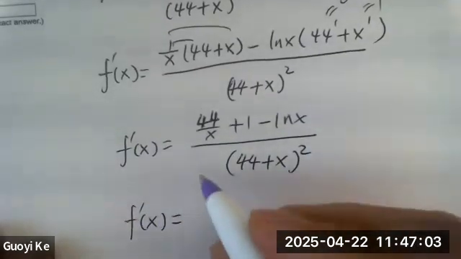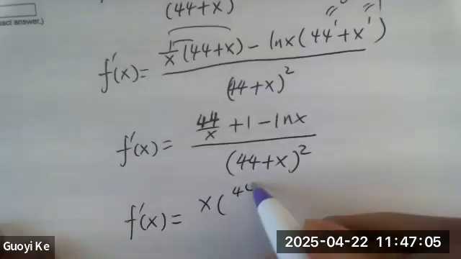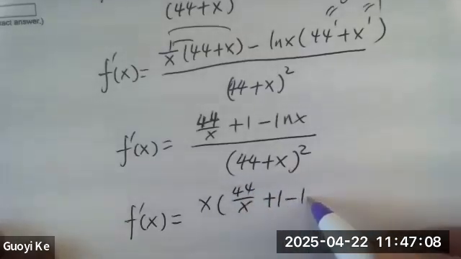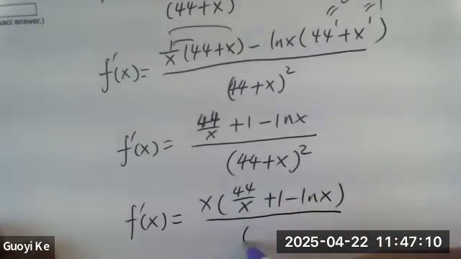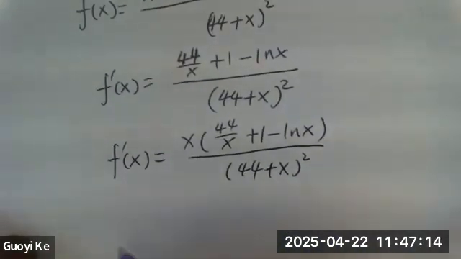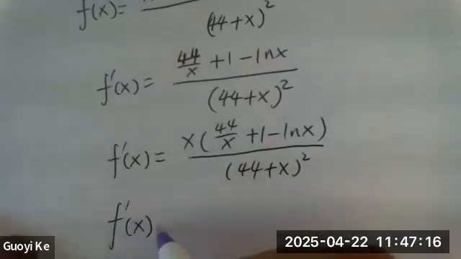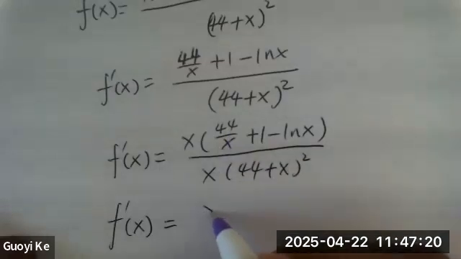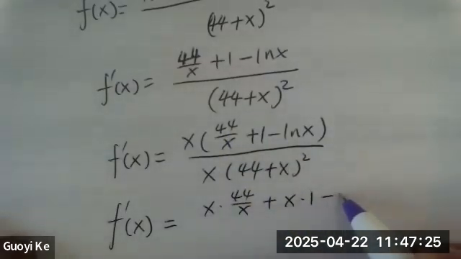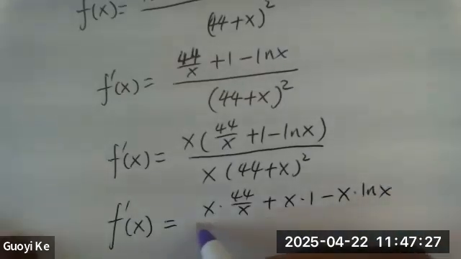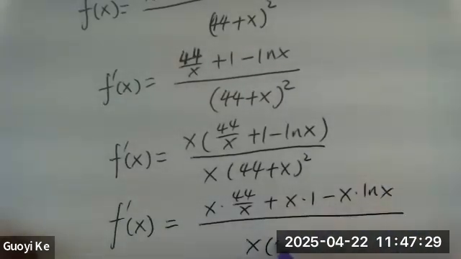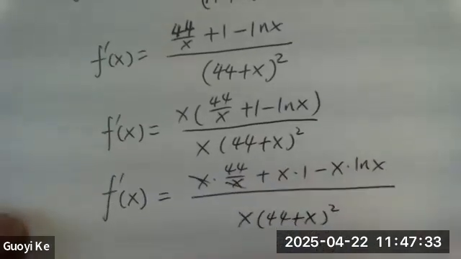We will multiply by x for both numerator and denominator, and then we will cancel out.